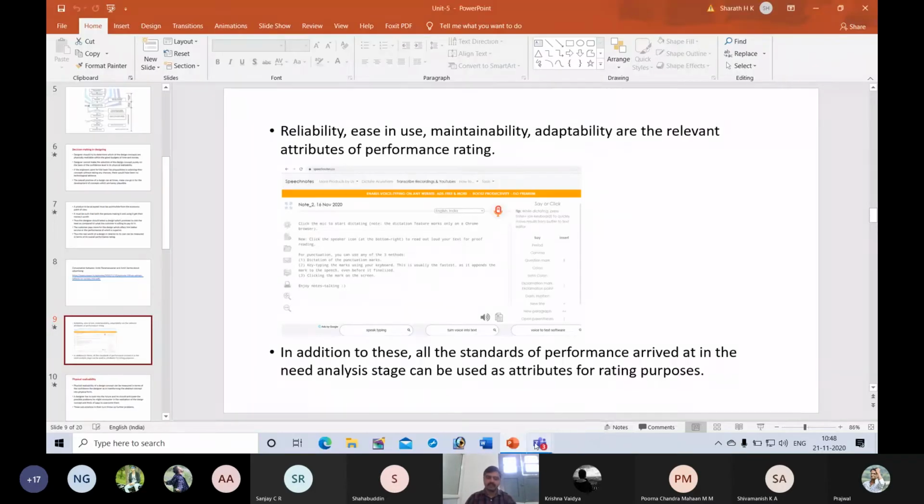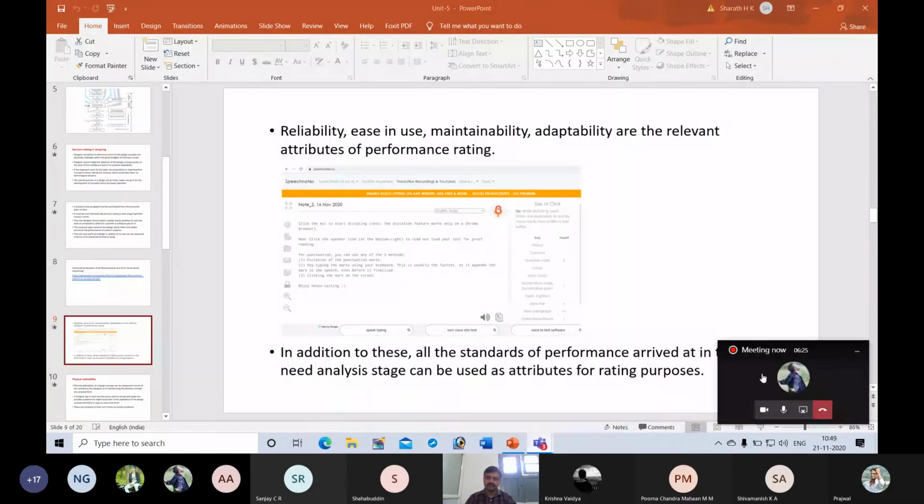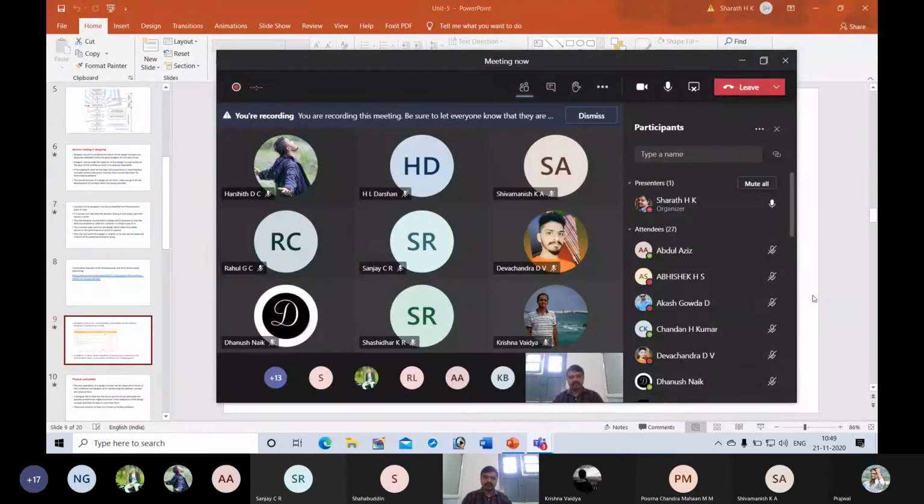What do you mean by reliability? Durable. Okay, we can consider reliability as probability of occurrence after its useful life. If you want to evaluate reliability of any product, it is the probability of occurrence after its useful life.